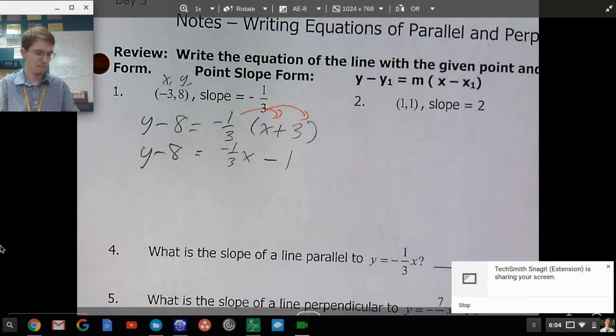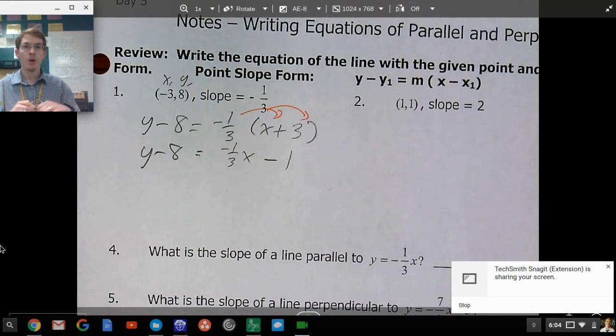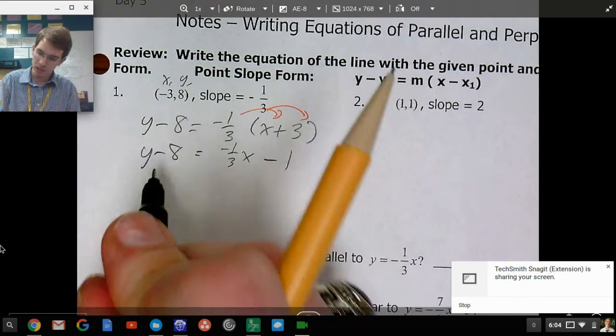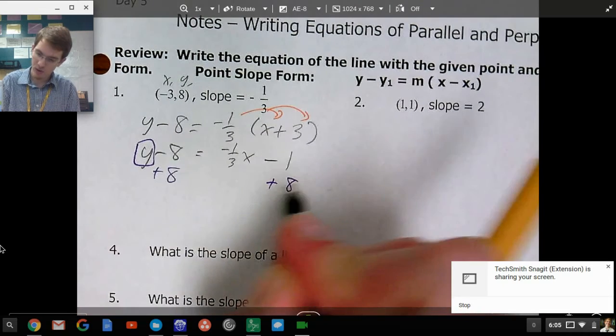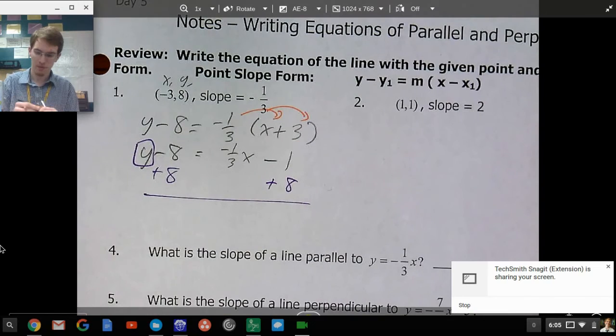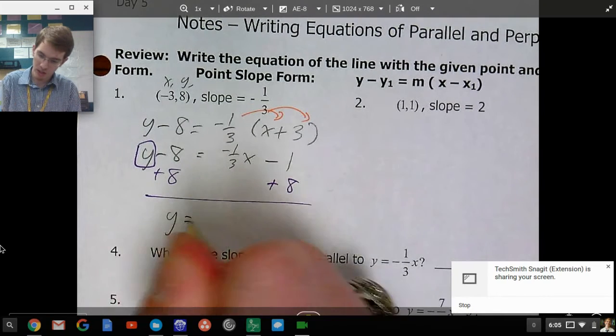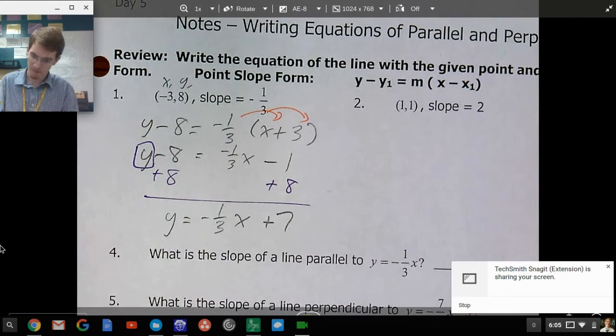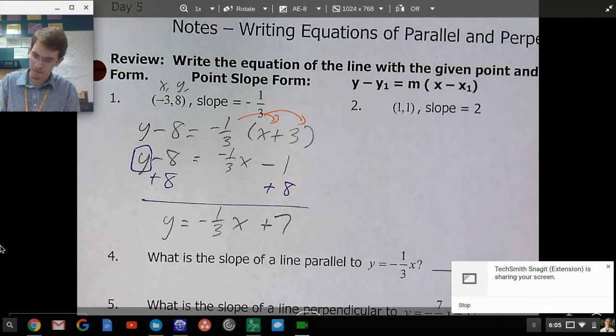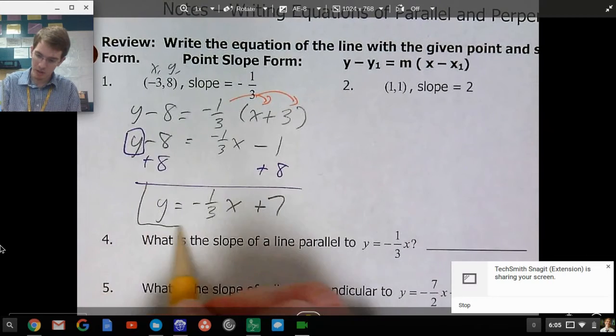Bring in the y minus 8. Y isn't by itself, so we're going to have to do the opposite. Add 8. And so we should get y equals negative 1/3 x plus 7. And that should be the equation in slope-intercept form.